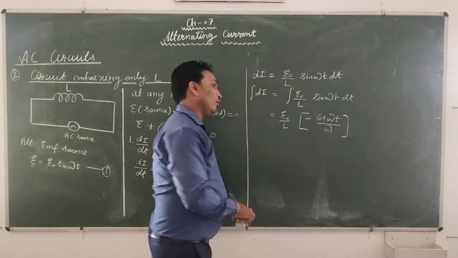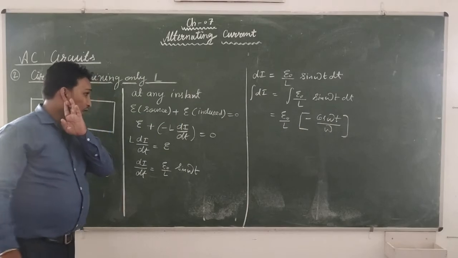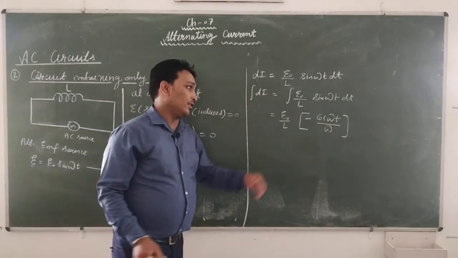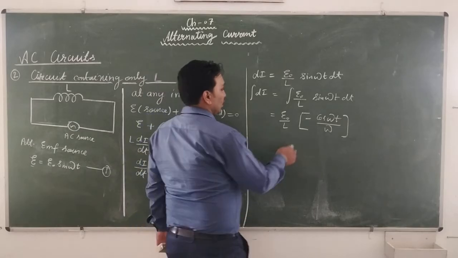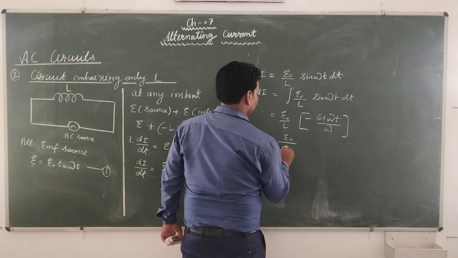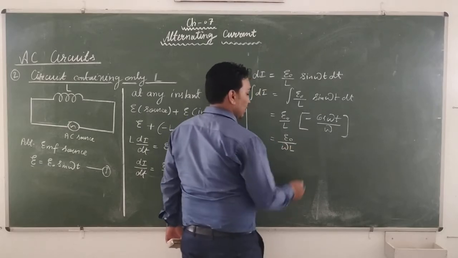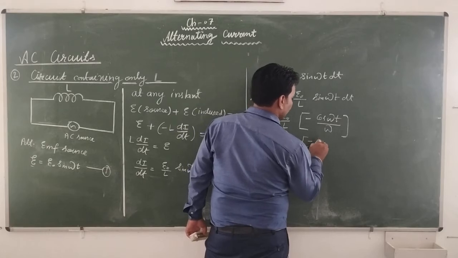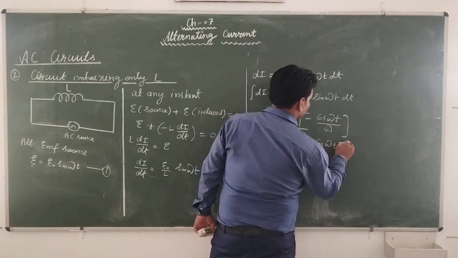I have already told you in part 1 of the lecture some very important integrations, and one of them is that. Now this minus sign comes over here, and we have E naught upon omega L, and we can write minus cos omega t.